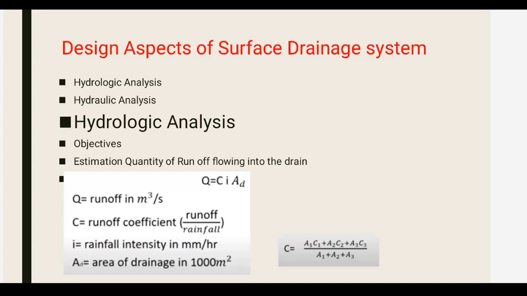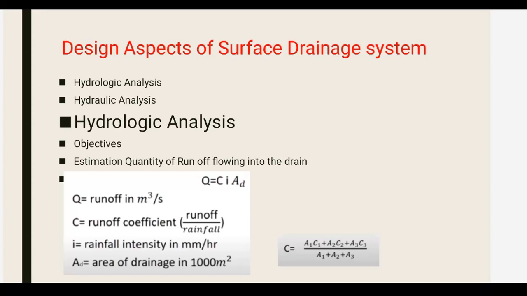So the various factors affecting this runoff are, as I mentioned, the intensity or rainfall rate, type of soil, moisture content in the soil, topography of the area, type of ground cover, like the type of pavement surface, and vegetation on the adjoining land.